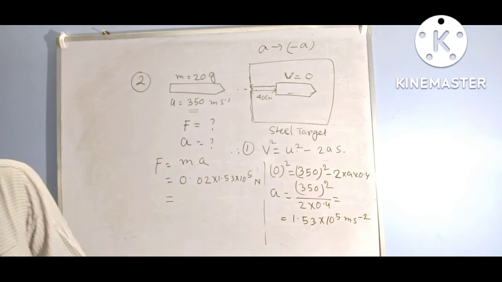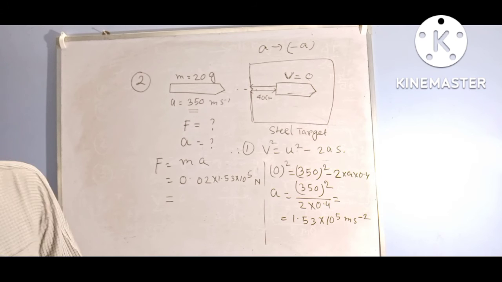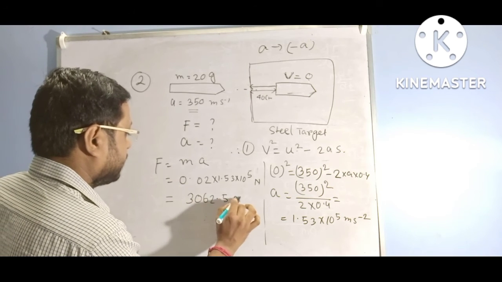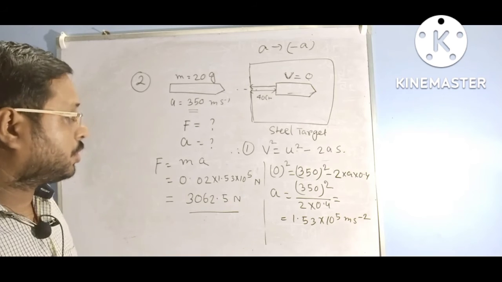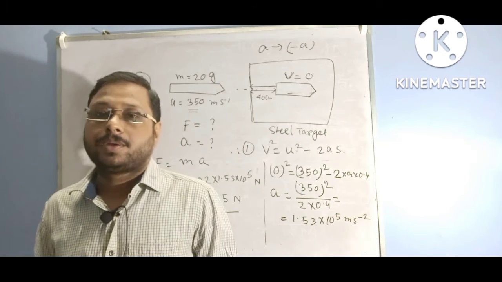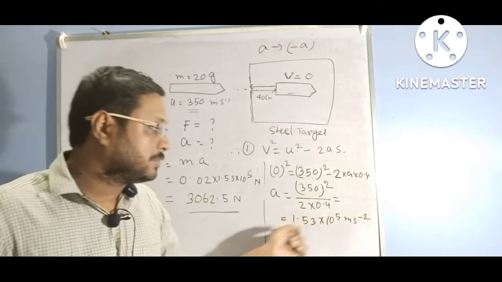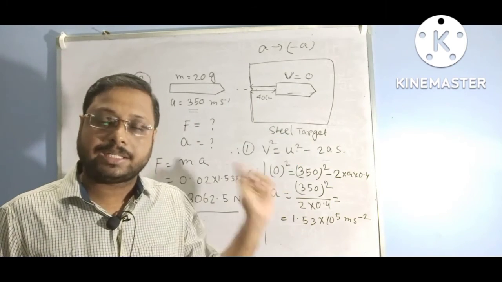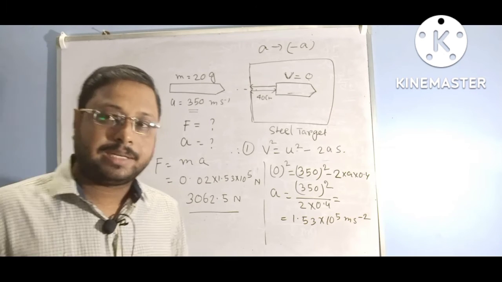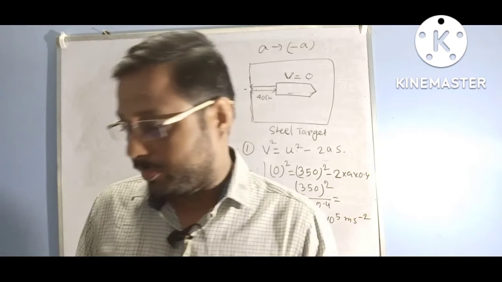We get it as 3062.5 Newton. So in this way we can solve any numericals. At first we use any of these motion equations, S equal to Vt, V equal to U plus At, and then finding out the A, we can solve the numericals.